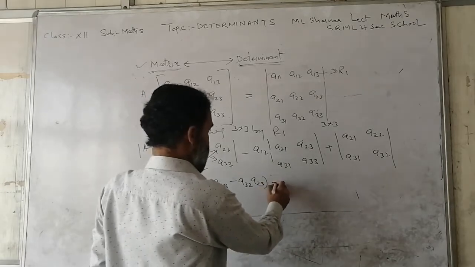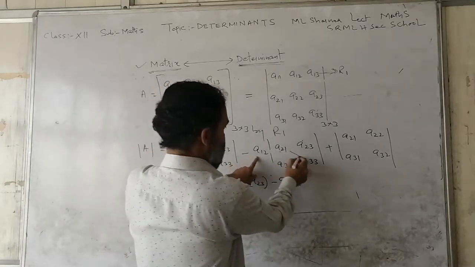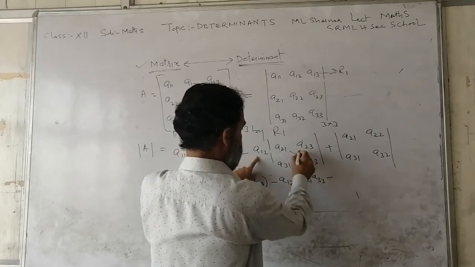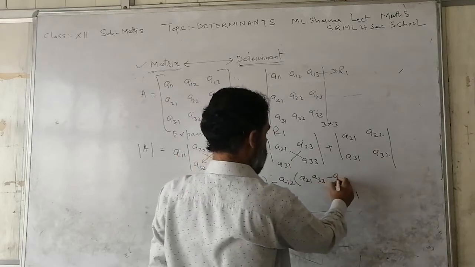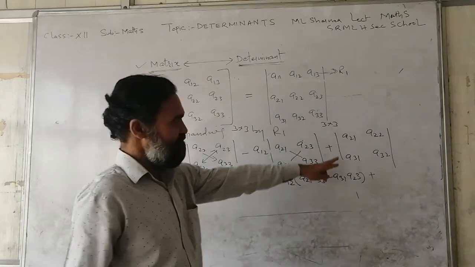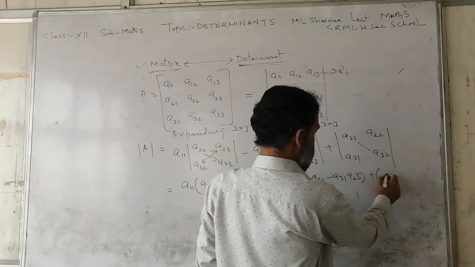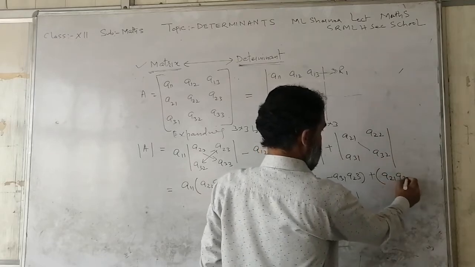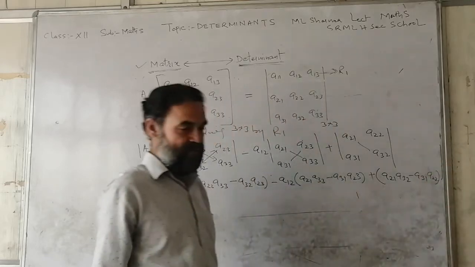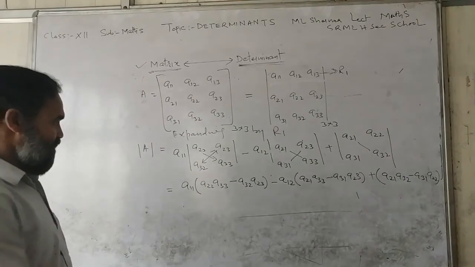Then minus sign, A12, multiply again these two elements minus the product of these two elements. Then the last determinant with positive sign here, again multiply. So this is how, by making use of row 1, this determinant can be calculated.